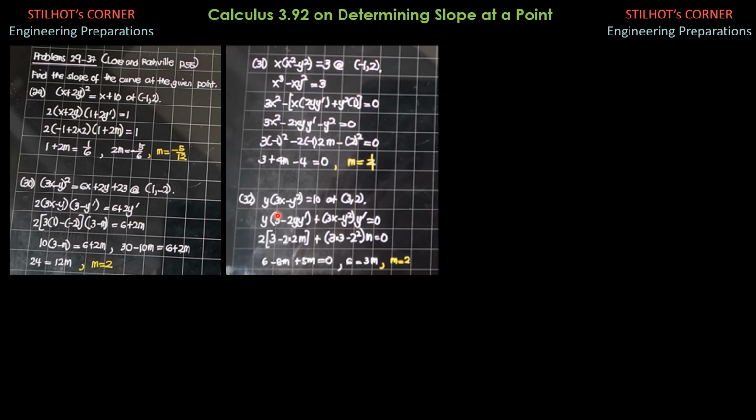32: y(3x - y)² = 10 at the point (3, 2). I use the derivative of a product.